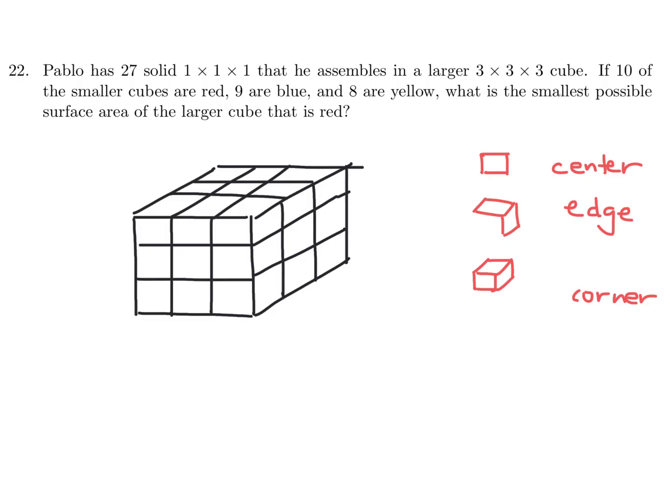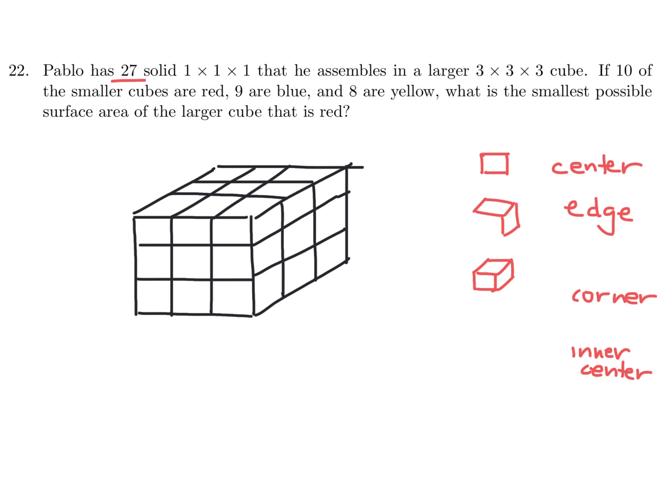And what's interesting is that there are 27 cubes, right? But if you count, there's only 26 that you can see because there's one in the very center of the cube. So I'll call that the inner center.